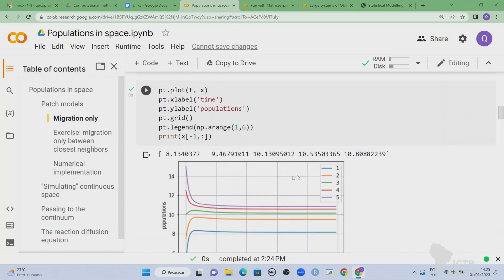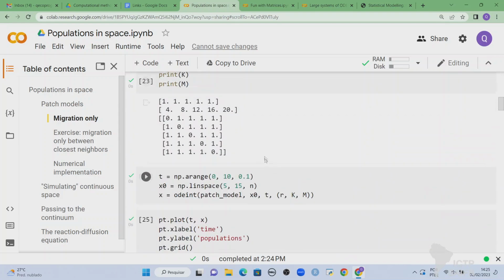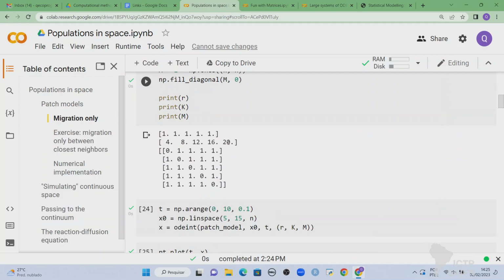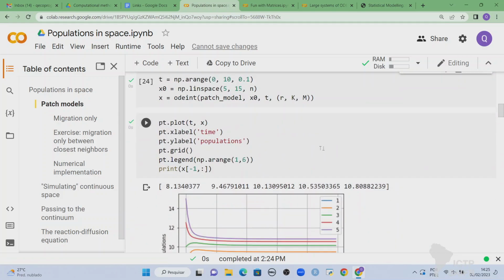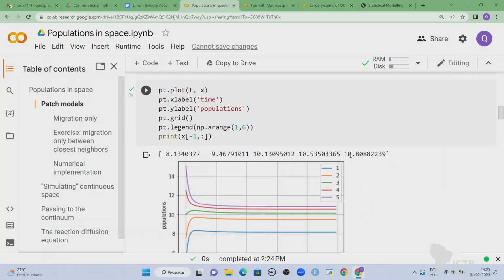Even the patch with the lowest carrying capacity goes to 8, and all of the others are close to 9 and 10. Even the one with 20, its carrying capacity, now the final population is only a little bit below 11. So you see that migration has this property of homogenizing the system.